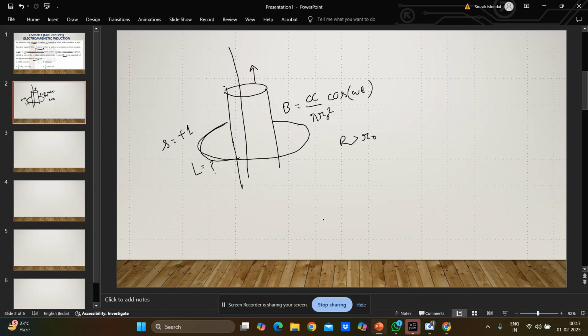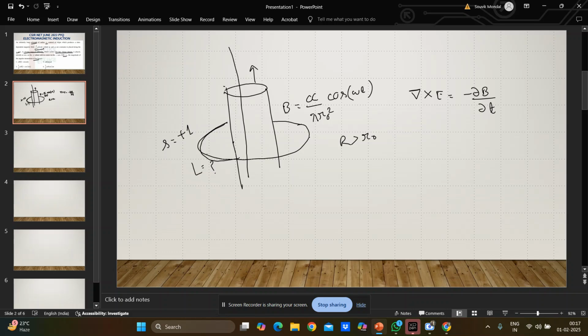So what is the angular momentum? You may get it or may not get it, but we mainly have to use the third Maxwell's law, that is del cross E is equal to minus del B del T. If a magnetic field is changing inside some area, then an electric field is induced across that area.